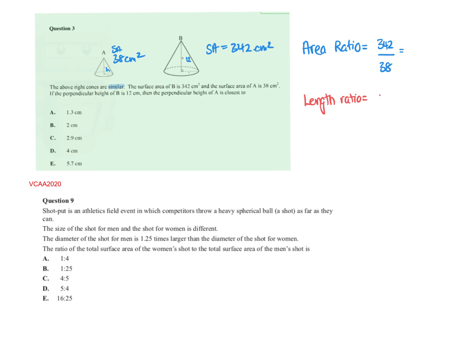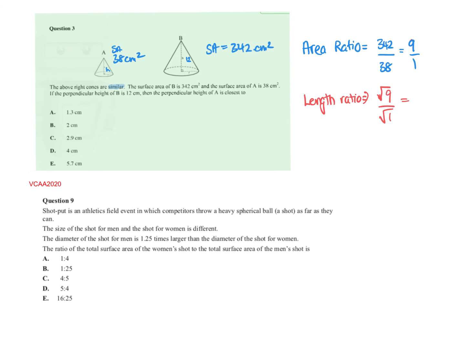So let's simplify that first. This ends up being 9 over 1. So the length ratio would be the square root, because if you go backwards, you do the square. So square root of 9 over 1, and that would equal our corresponding heights, because that would be a length ratio.